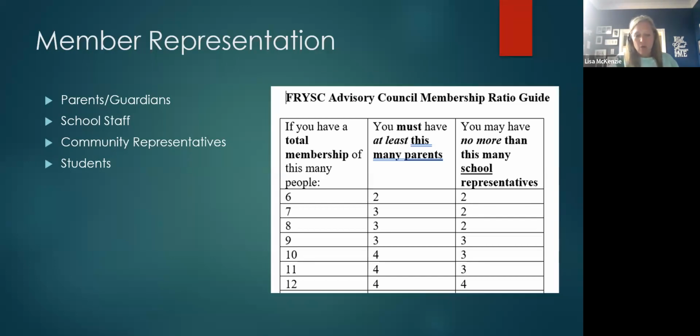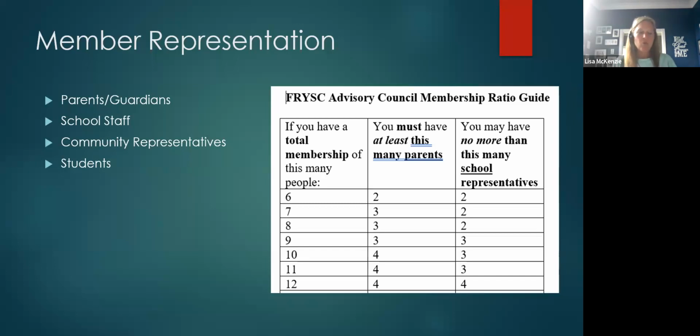And when you look in the administrator guidebook and the contract, there are requirements for the composition of your advisory council. According to the contract, you are required to have at least a third parents or caregivers, and no more than a third school representatives.